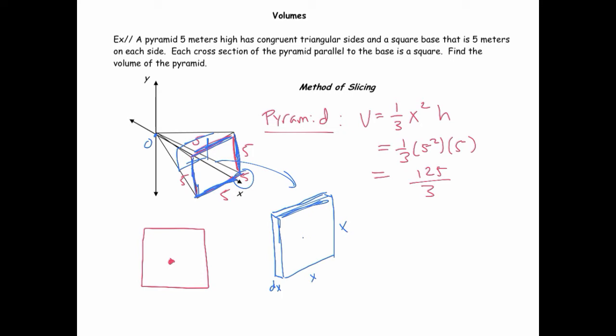And so now we just sum up all of the volumes of all those slices. So this is a volume equal to x squared times dx, and we're summing all those as x goes from 0 to 5. Now we can use the fundamental theorem.